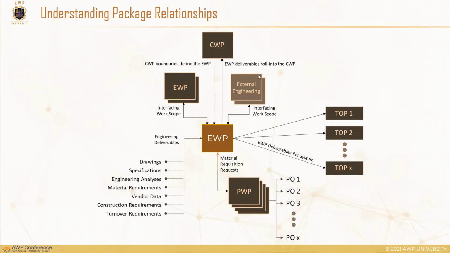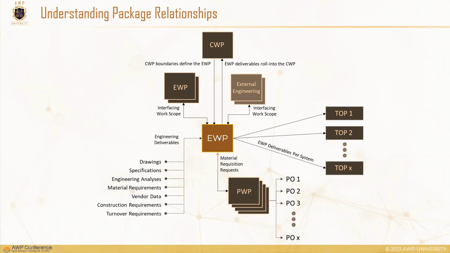Better management and better visibility of that external engineering, vendor data being one of them, tied to the EWP, will give us much more efficient constraint managed scheduling. And then, of course, the PWP tying to that EWP for material requisition and also scheduling of that item, and the different POs tied to those PWPs to support the EWP.